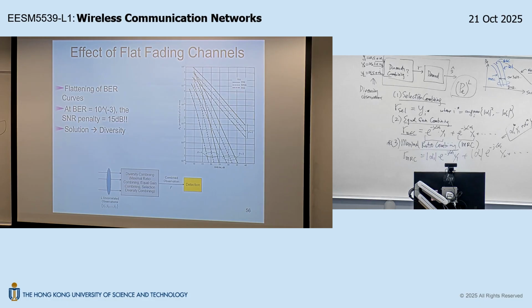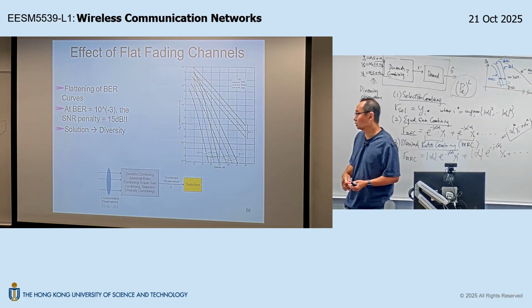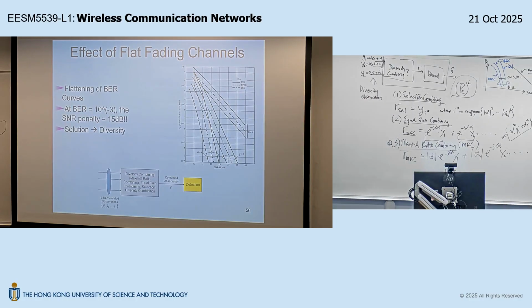So where would you compute this channel estimator? Analog or digital? Of course, digital, right? If I ask you to write a C program to compute this, it's a piece of cake. If I ask you to build an analog circuit to compute this, it's not that trivial. So you compute this channel estimation at the baseband. That means it's the baseband that can estimate alpha 1 and alpha 2.